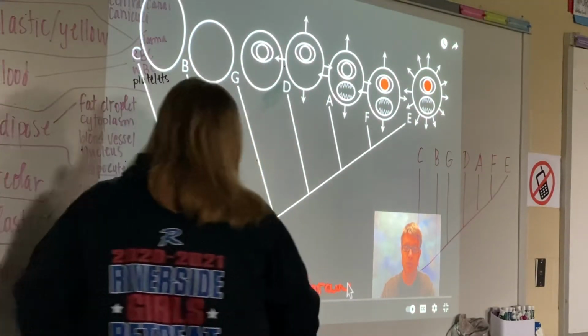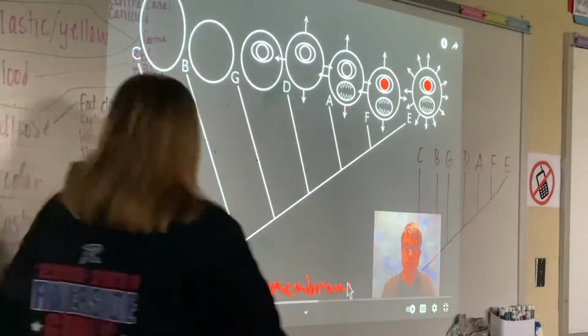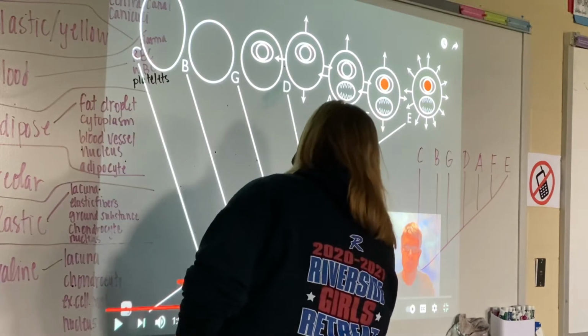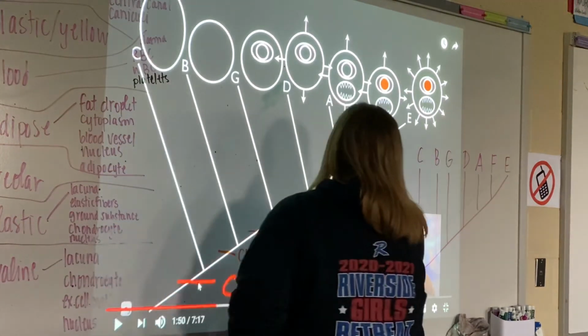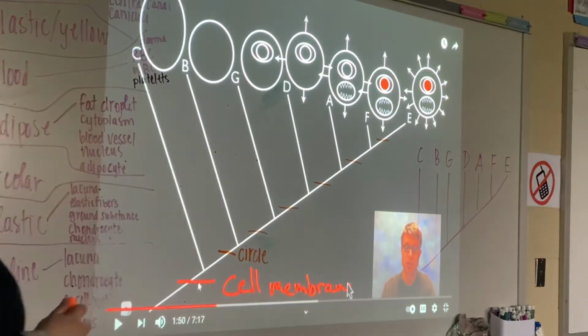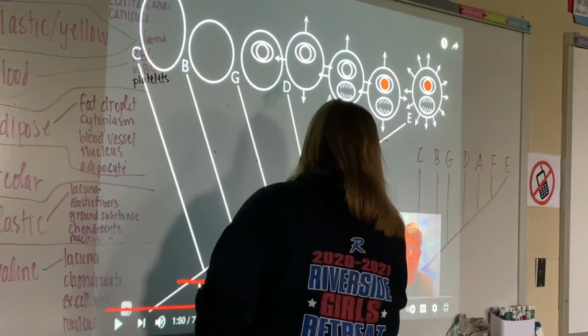From this point forward, what does everything have? Circular. It is a circle. All right, so the next one. What's our next stoplight? It has an eye. What about the next one?